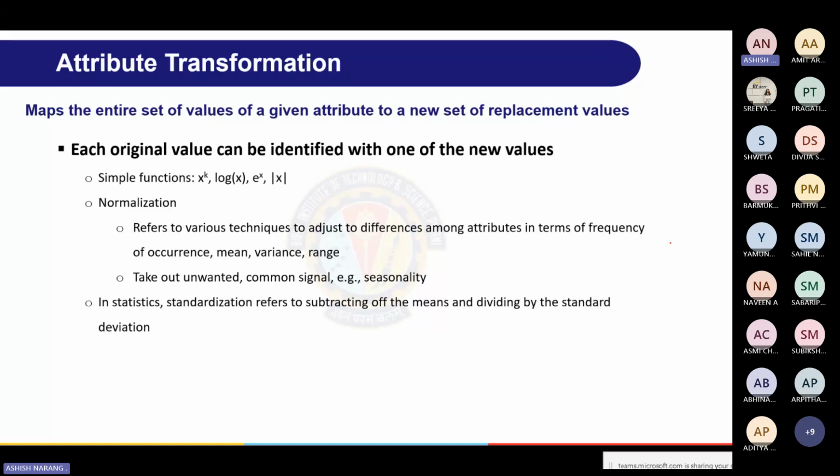We can look at simple functions to transform, right? We can do normalization, which refers to various techniques to adjust the differences among the attributes and take out unwanted common signal, for example seasonality, and so on, right?